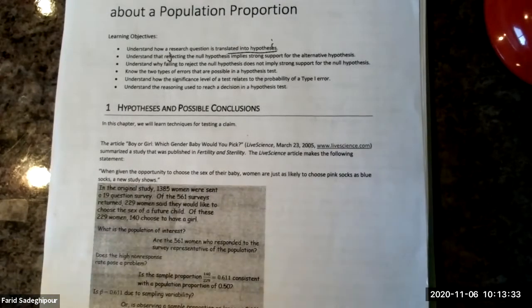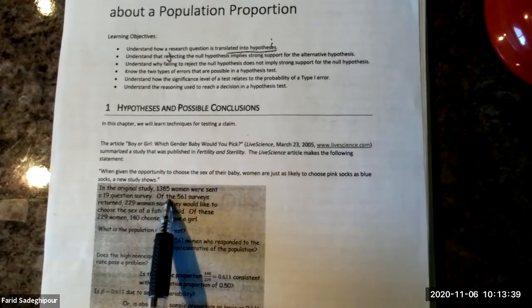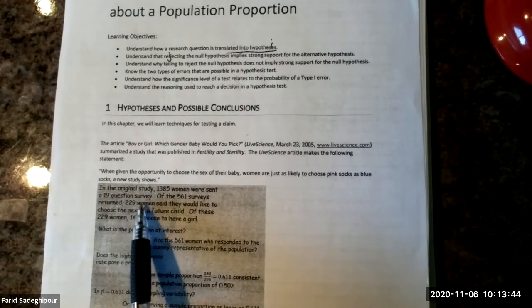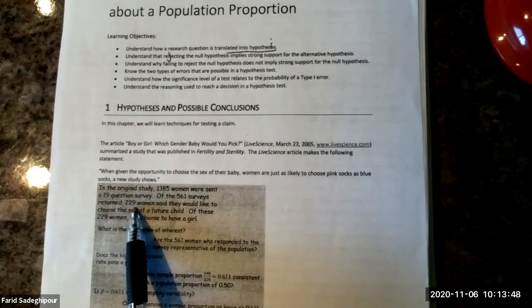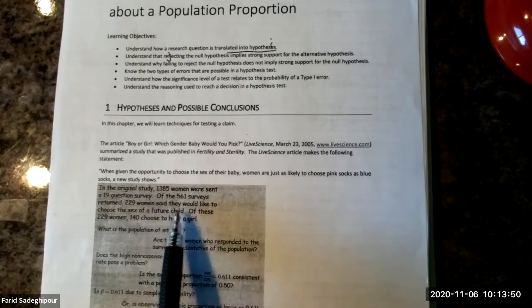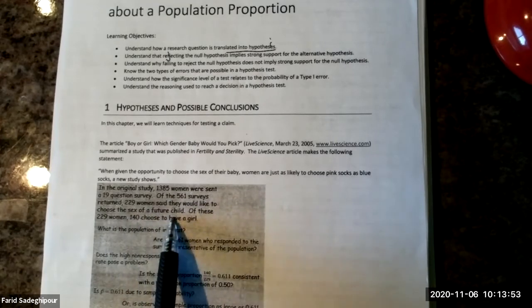Now, I put a lecture note from one of our professors, Powell, and it's a good set of notes about population proportions. And these are examples. 1,385 women were sent a 19-question survey and 561 returned it. 229 said they would like to choose the sex of a future child.